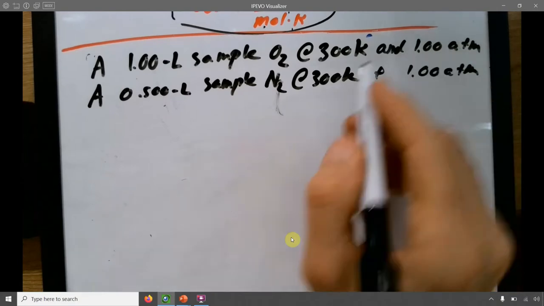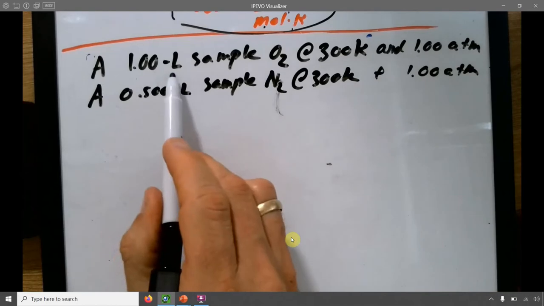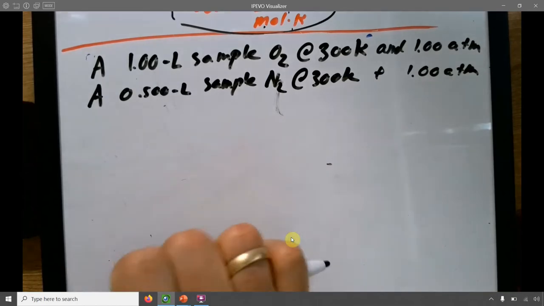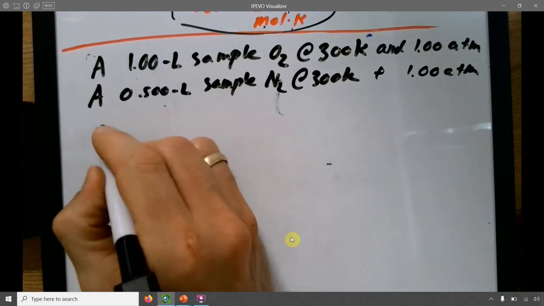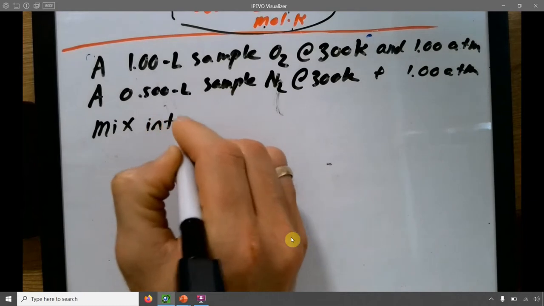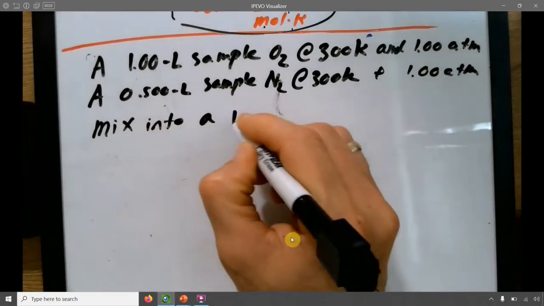So they both have the same temperature to begin with, and the same pressure to begin with. The oxygen is double the volume of the nitrogen to begin with, just so you know. All right, now I'm going to mix these two into a third container, a 1 liter container.